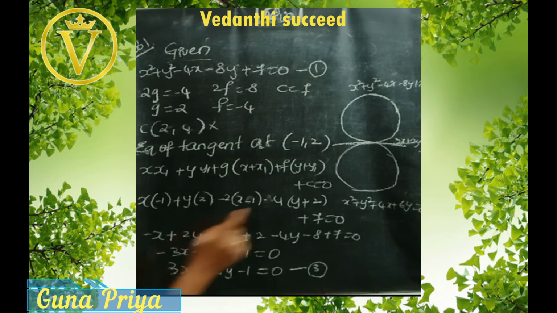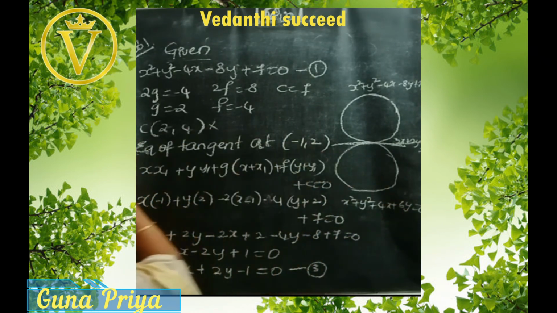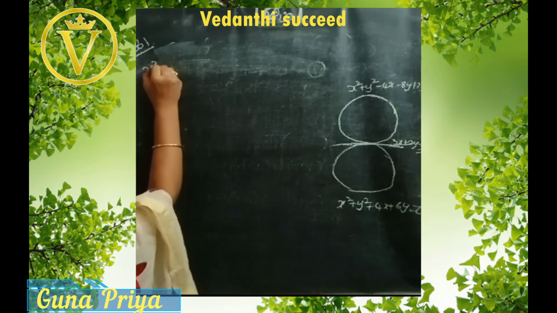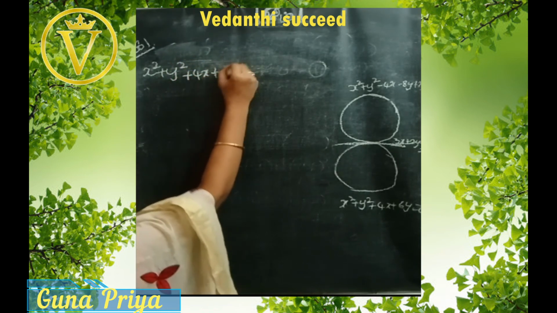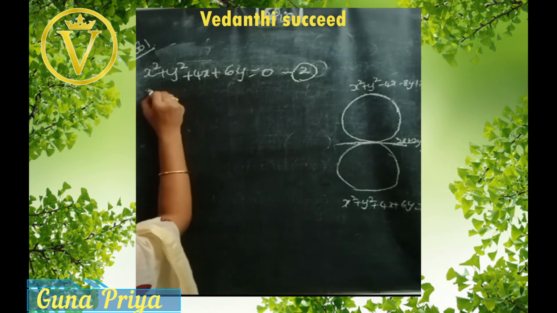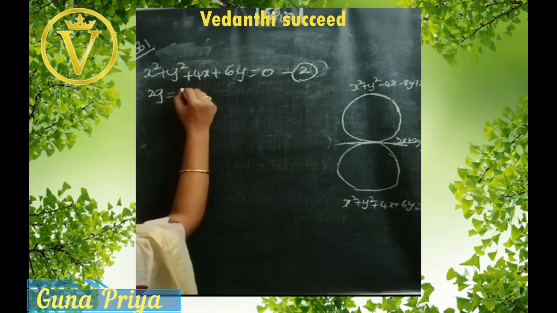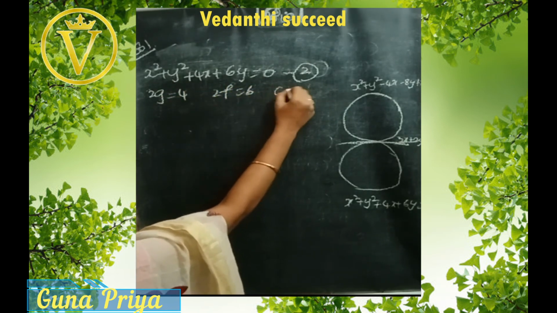We have to find the center and the radius for the second equation. This is the second circle equation, x square plus y square. From this equation we have to find the center and r. 2g equals 4, 2f equals 6, c is 0.